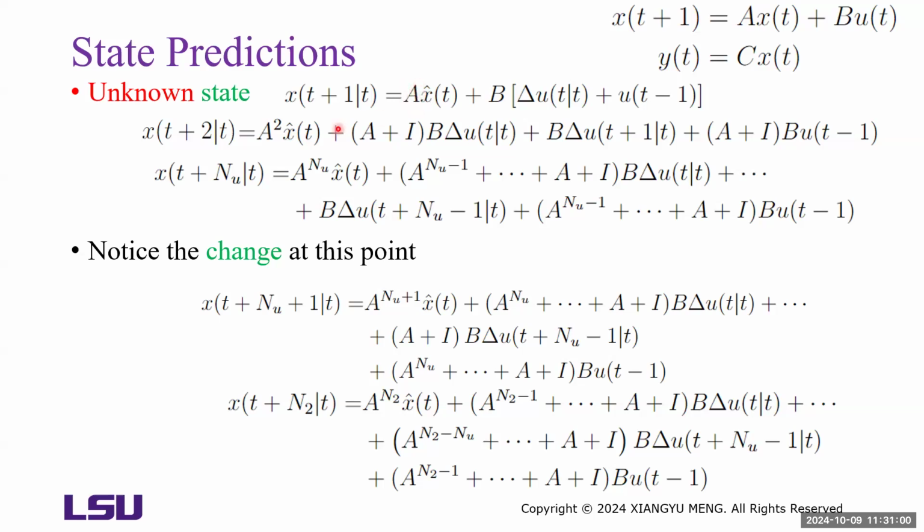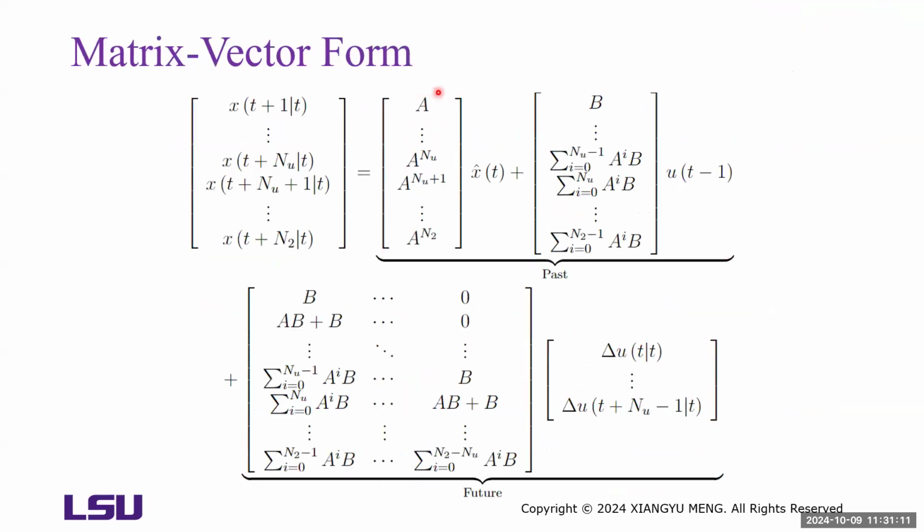It starts from a, then a squared, so the power of a is the same number as k. So k will be a power of k. In this matrix form the degrees increase by 1, because t plus 1 will be a, t plus nu will be a power of nu, t plus nu plus 1 will be a nu plus 1, and for the last one, t plus n2 will be a power of n2.